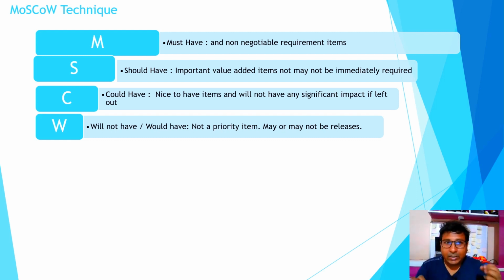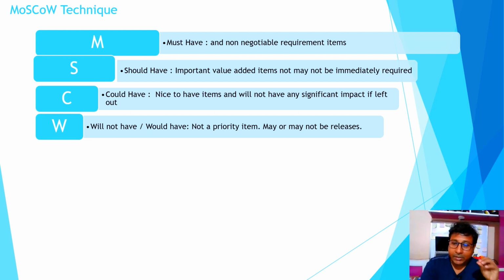Then S is basically should have. So these are the features that can go in the next sprint or next release. You cannot ignore these features, but you can deprioritize them after M. These are all value-added features.